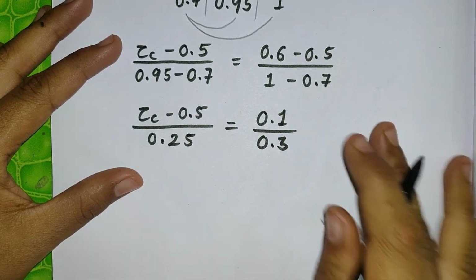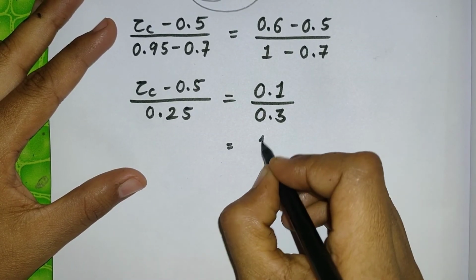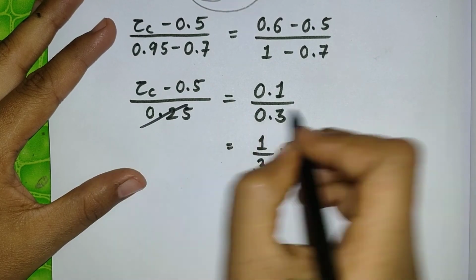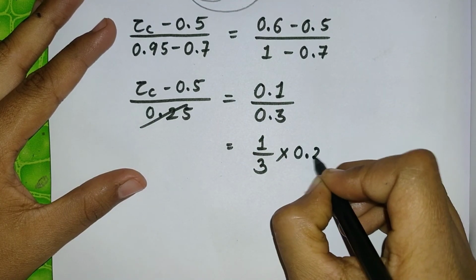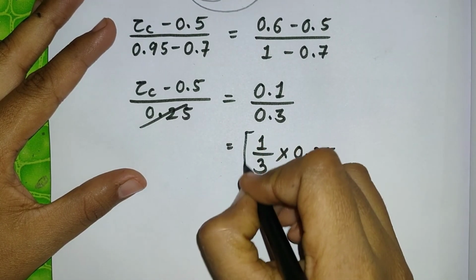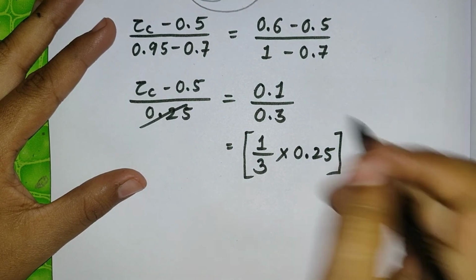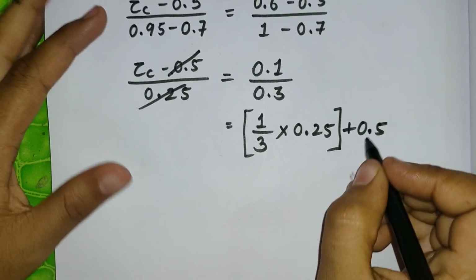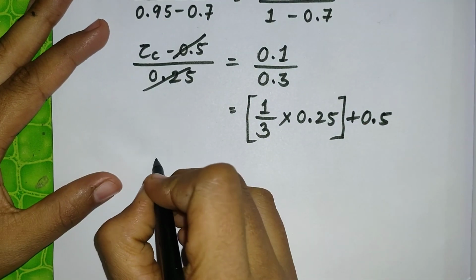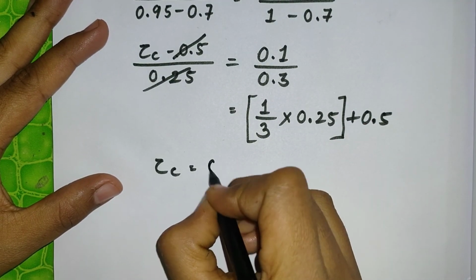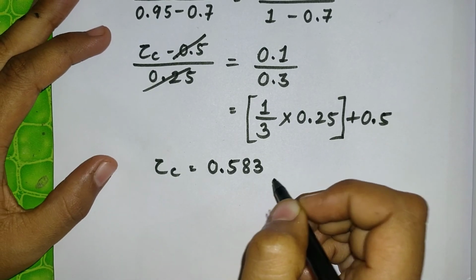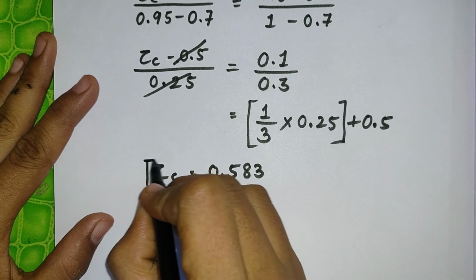It becomes the ratio of 1 by 3 multiplied by 0.25. This becomes another value. So now add 0.5 here. After solving this, you get the tau c value is equal to 0.583. You get the value of tau c.